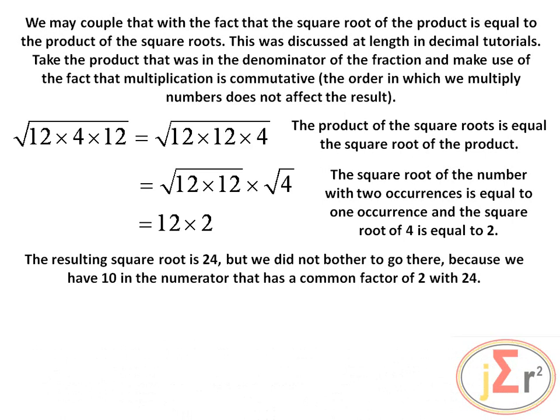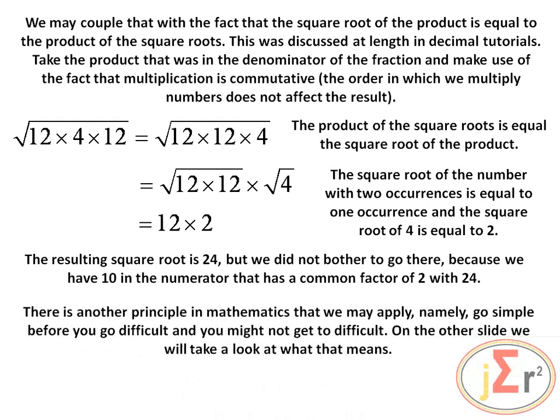But we did not go all the way to 24, because we made use of the fact that the numerator is 10 and the denominator is 12 times 2. Reduce that by a common factor of 2, and that is what was done.